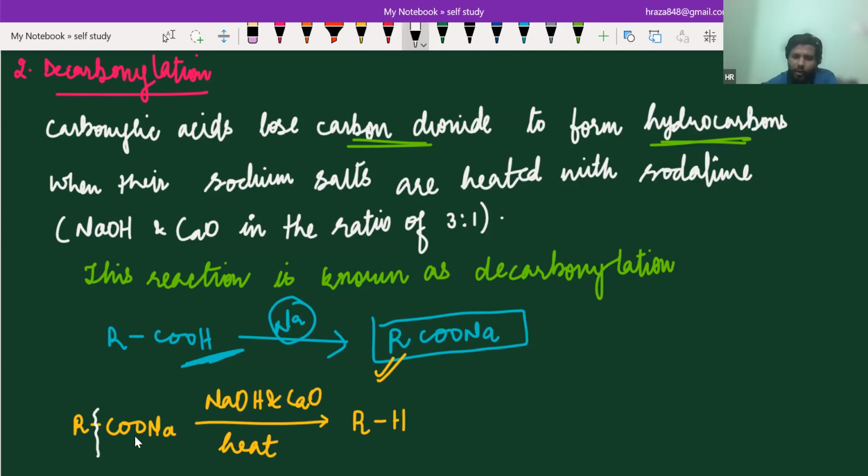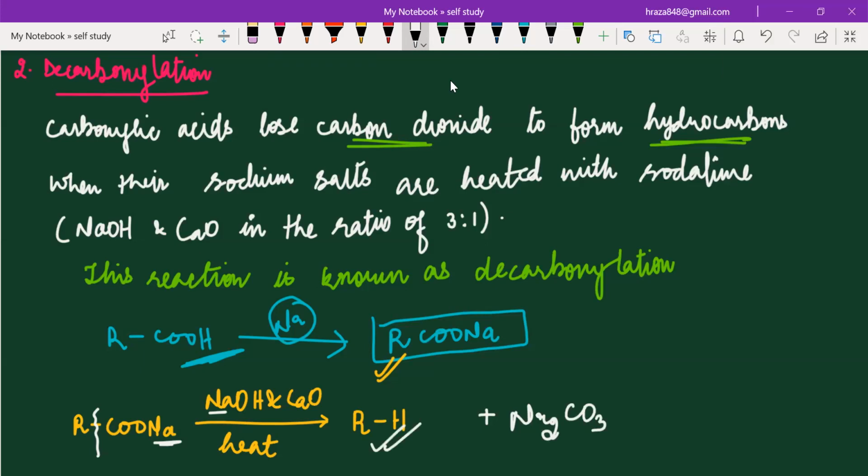You can see this will be COONa, Na, and Na will take this, so it will form Na2CO3, sodium carbonate, and there will be formation of hydrocarbon. So please do write it and let me know.